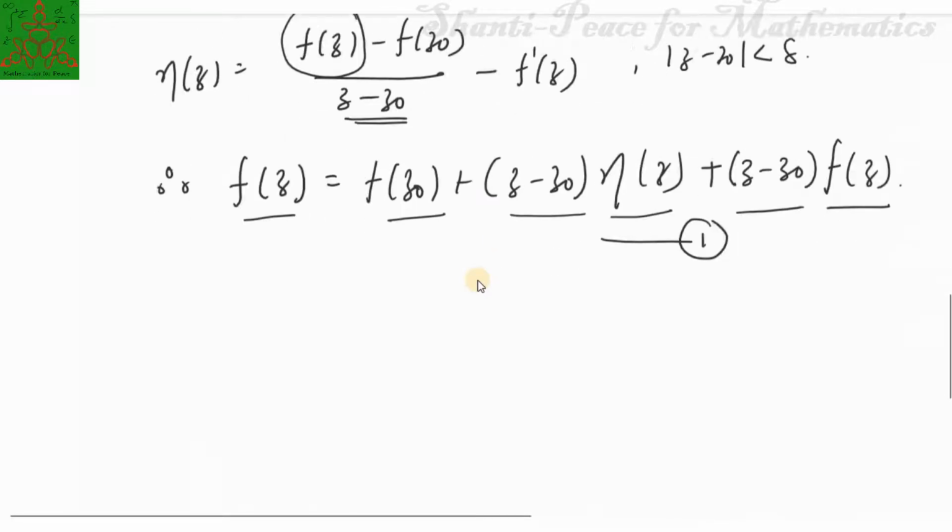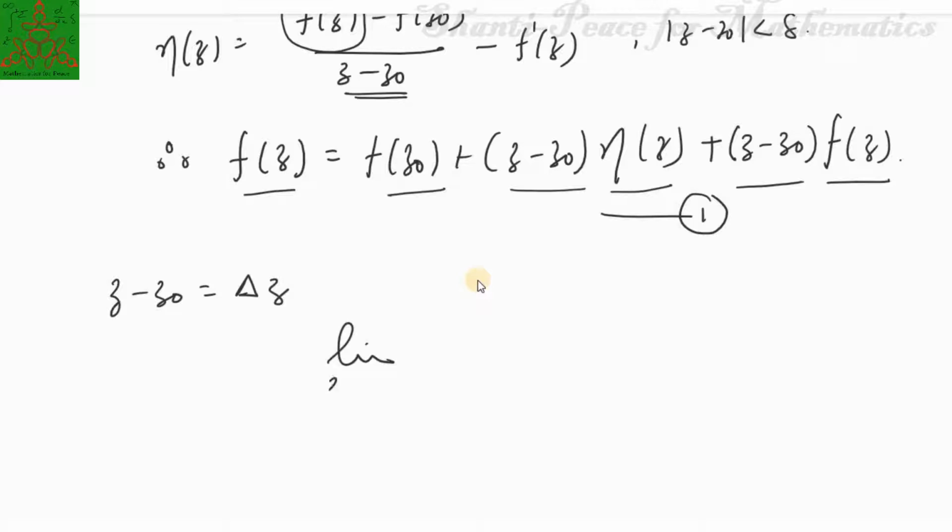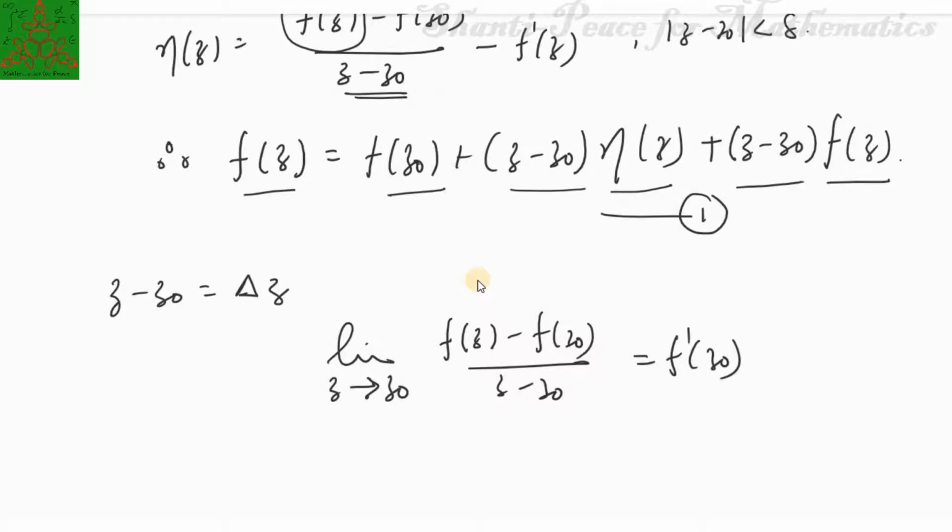Let us give another way to represent the definition of the derivative. If you consider z minus z0 equal to delta z, then the above definition, that is limit of z tends to z0, f of z minus f of z0 upon z minus z0 equal to f dash of z0, can be rewritten with delta z tends to 0, as z minus z0 is delta z. So if z tends to z0, delta z will tend to 0, and instead of z I may write z0 plus delta z.